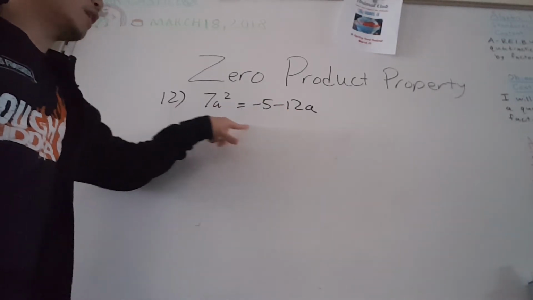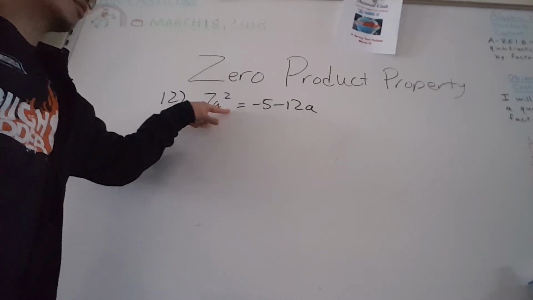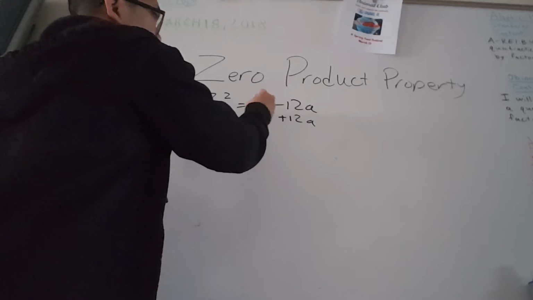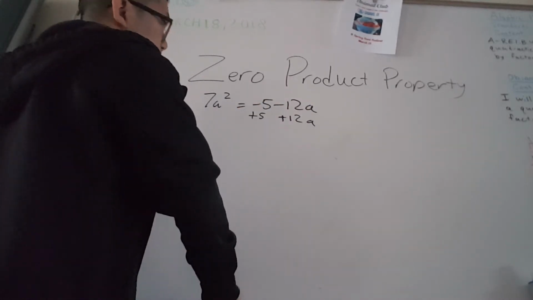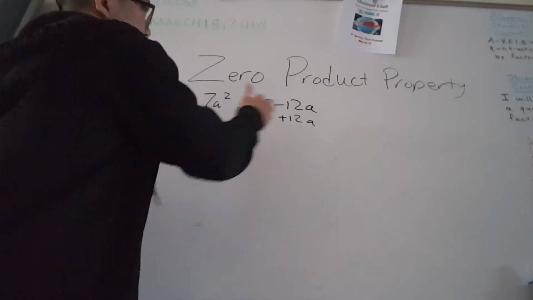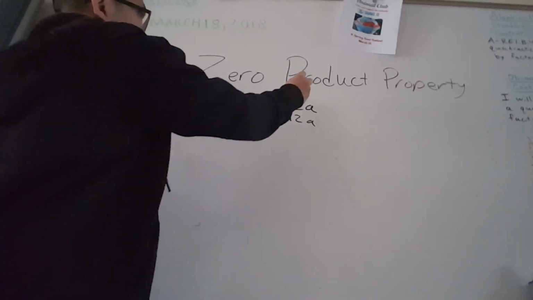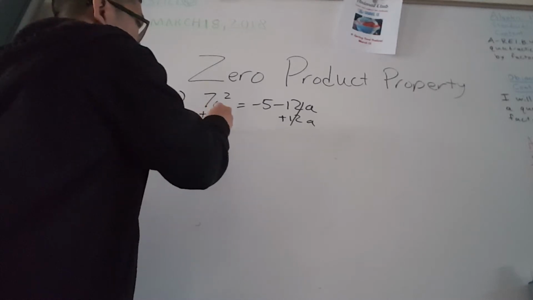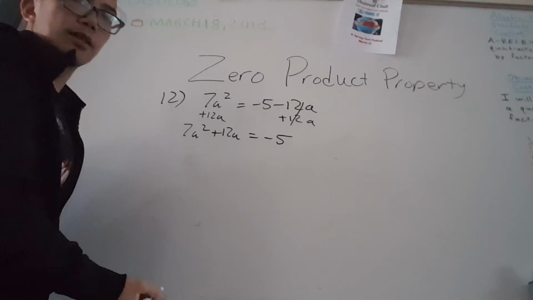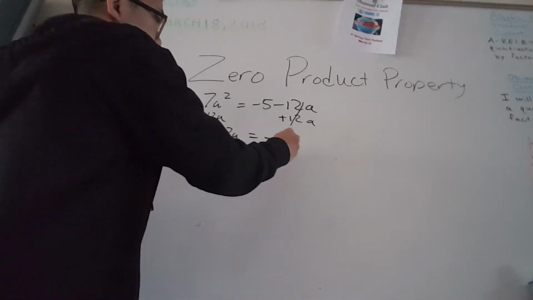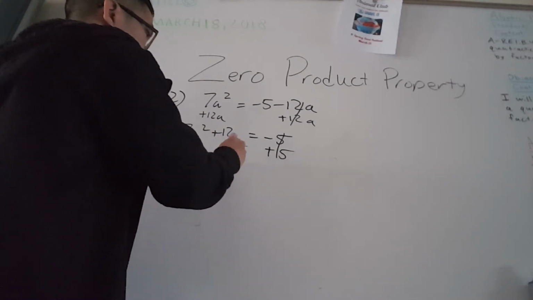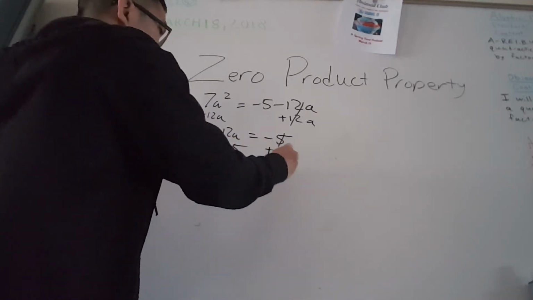So I'm going to move everything to the left side. I'll do it step by step. So I'm going to add 12a to both sides, and I get 7a squared plus 12a is equal to negative 5. It's still not equal to 0, so I'm going to add 5 to both sides. And so I get 7a squared plus 12a plus 5 is equal to 0.